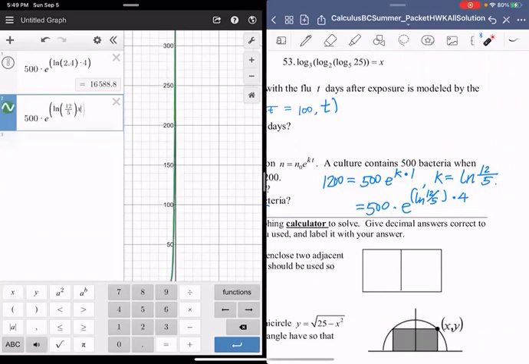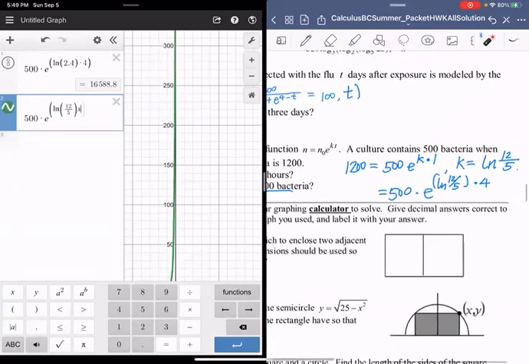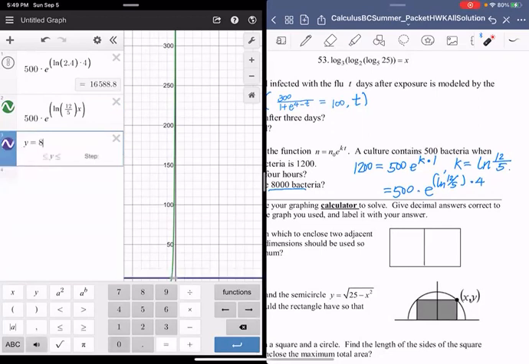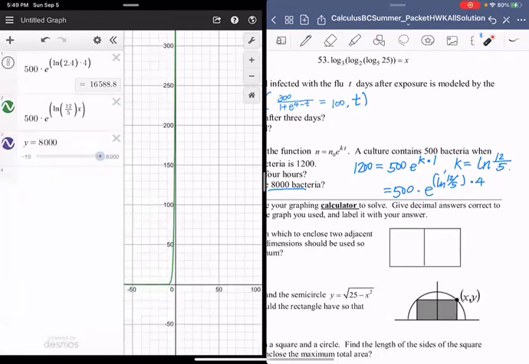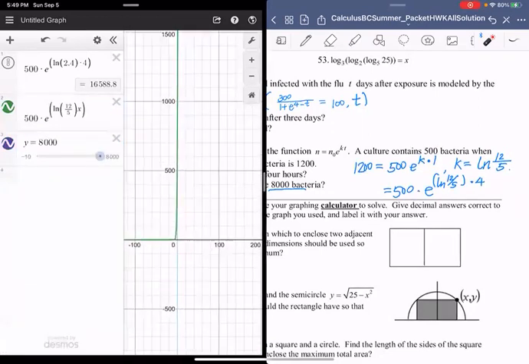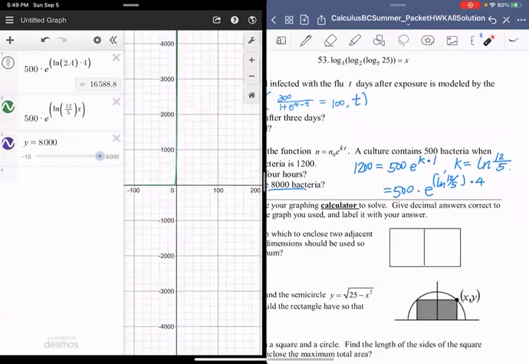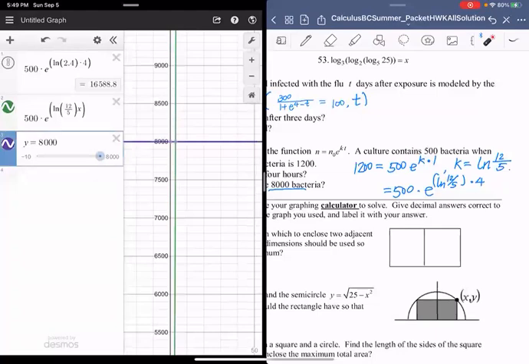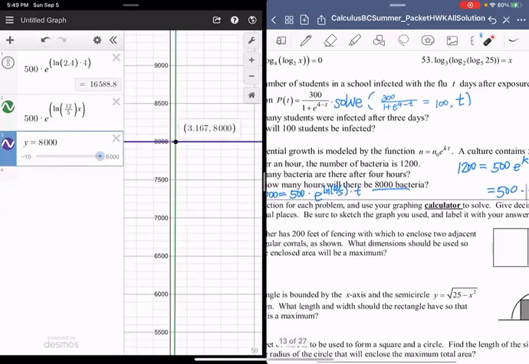And we are looking for when this reaches 8,000, and then we are looking for the crossing point. So I'm going to squeeze the y direction. And there, solving this, we get the same answer. Okay. T equals this.